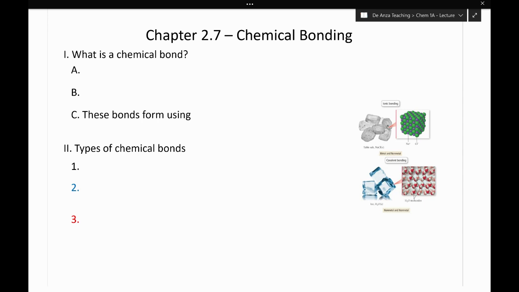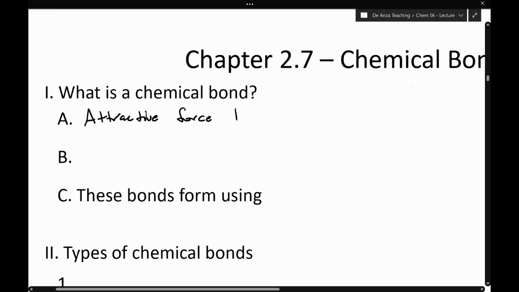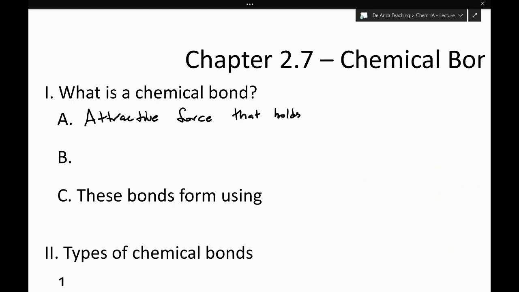Very simply, we can think of a chemical bond as an attractive force that holds atoms or ions together.